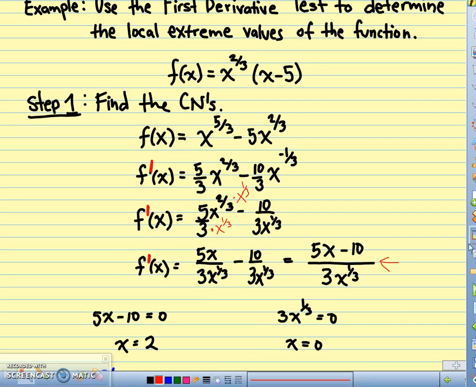And keep in mind that when the numerator is 0, we have a slope of 0. That's when the derivative is 0. When the denominator is 0, that's when it's undefined. So at x equals 0, we probably have a cusp or a corner. Keep that in mind.